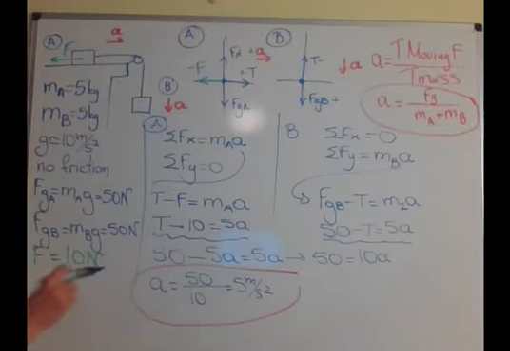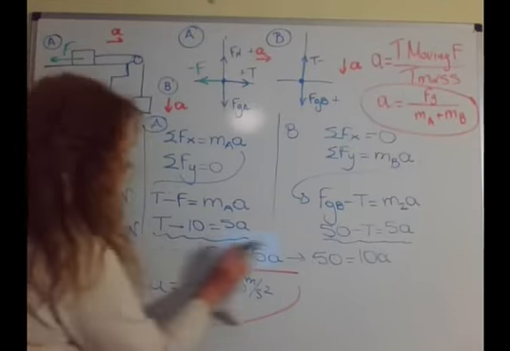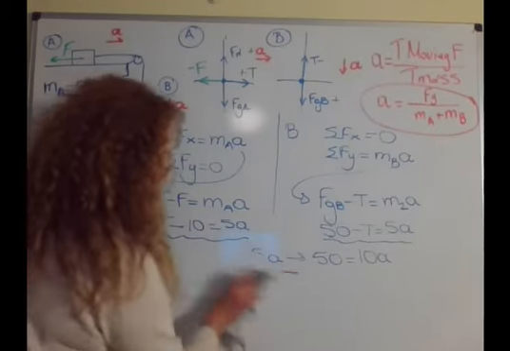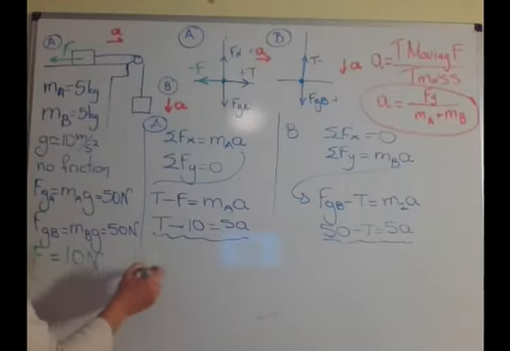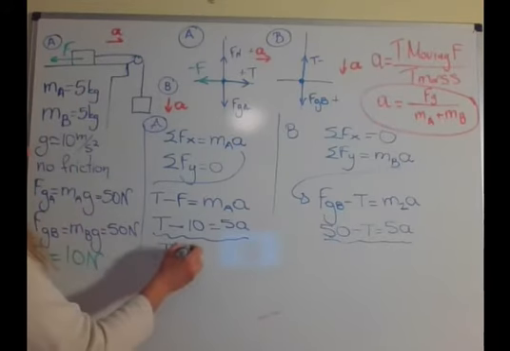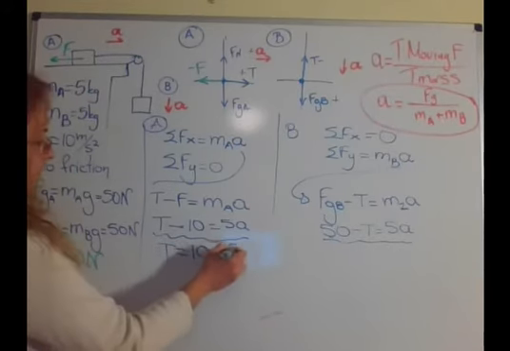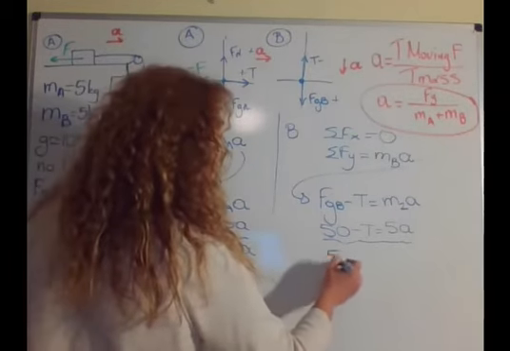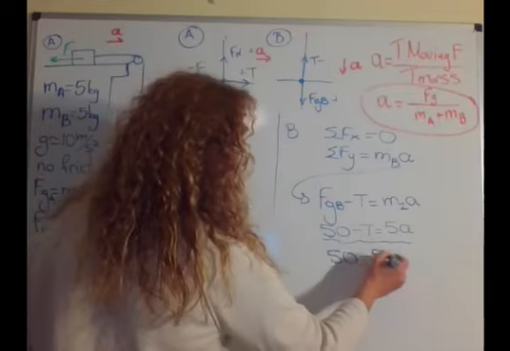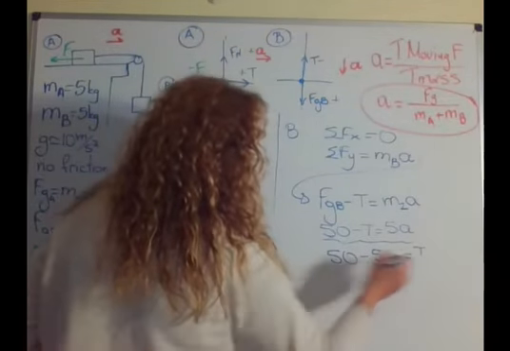So what I will have now is that I will need to solve for tension. So tension here will be 10 plus 5a, while here 50 minus 5a will be the tension.